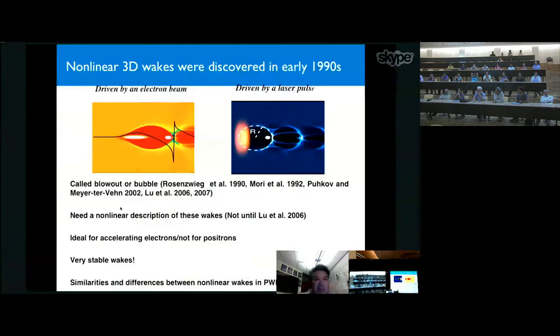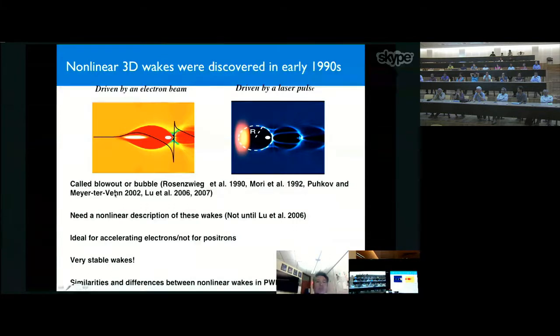Okay. So now that leads to this idea of nonlinear 3D wakes. And they were discovered in the early 1990s, first by accident by Rosenzweig and Hall, who were looking at what happened when they used very narrow particle beams. We then at UCLA said, okay, well, instead of using a particle beam, let's use a laser.